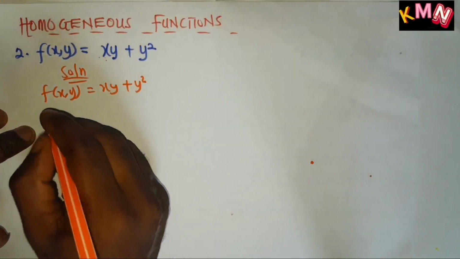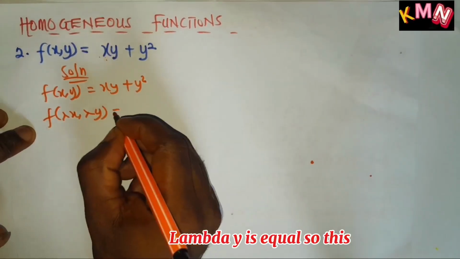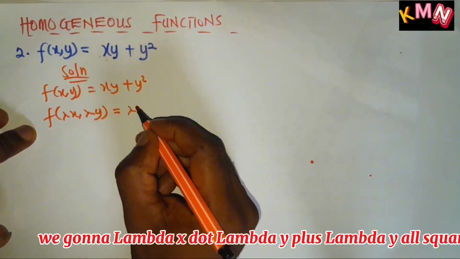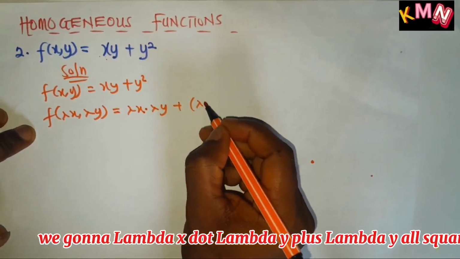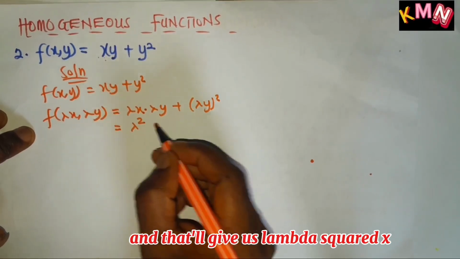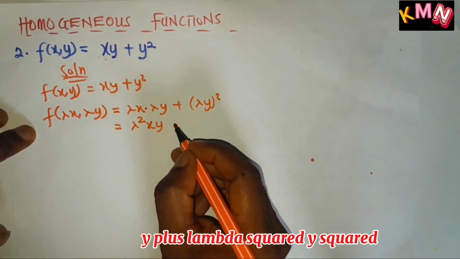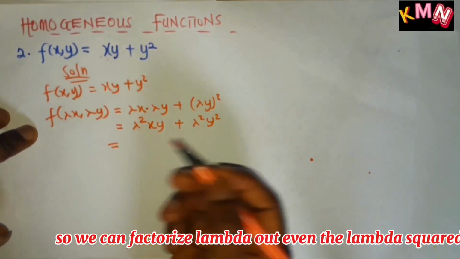But let's prove it. We know that f(λx, λy) is equal to λx·λy + (λy)², and that will give us λ²xy + λ²y². So we can factor the lambda out.